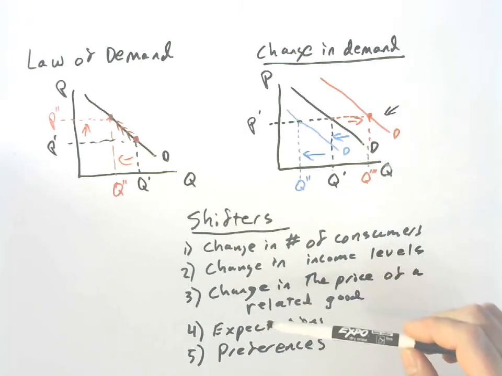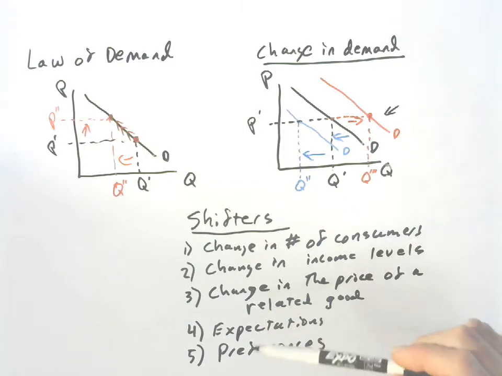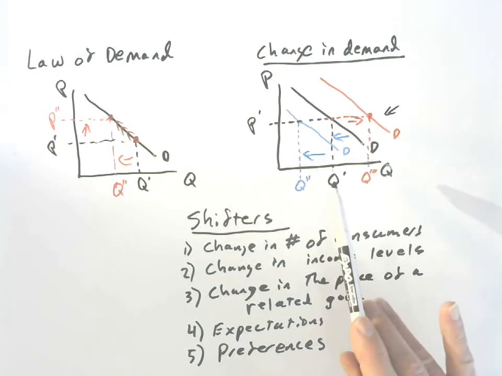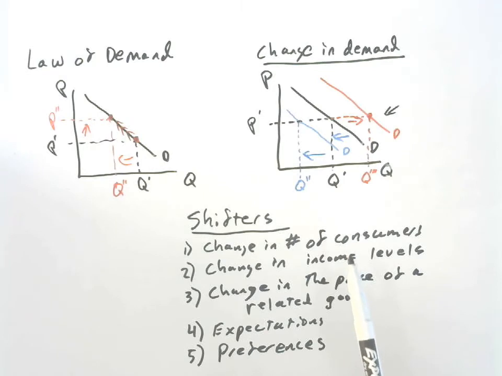If we change the price of products that are related to the product we're analyzing, how would that change the demand for a product? So these are all shocks that we're going to inject into our demand model and then analyze how demand changes given these shocks.